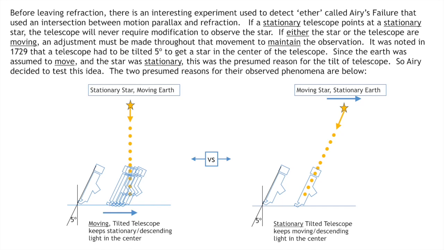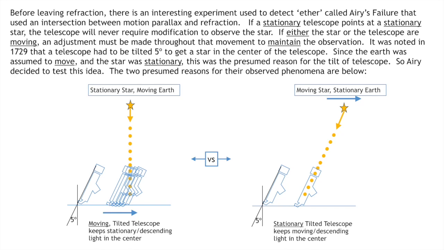Both are moving together. The light moves down in a straight line. You have tilted the telescope 5 degrees, and as you are moving, the light ray is essentially, as it goes lower, you are moving to the right. And so it keeps going lower, and you still observe the light ray hit the very bottom of your telescope as your telescope moves right.